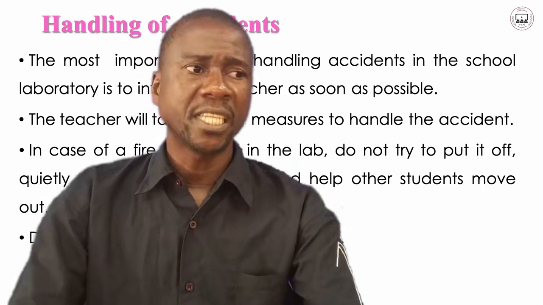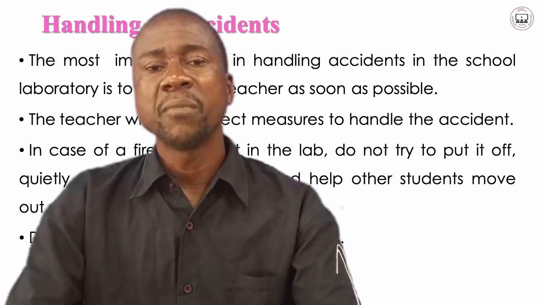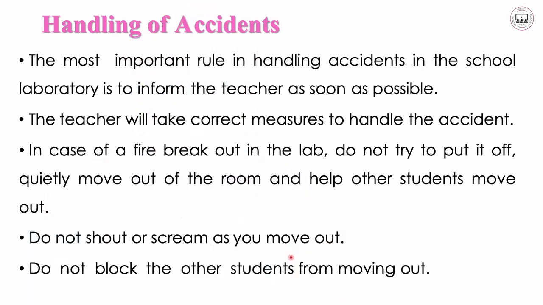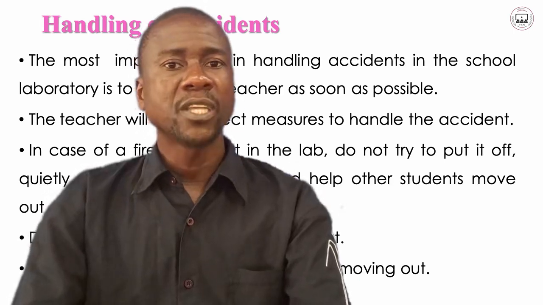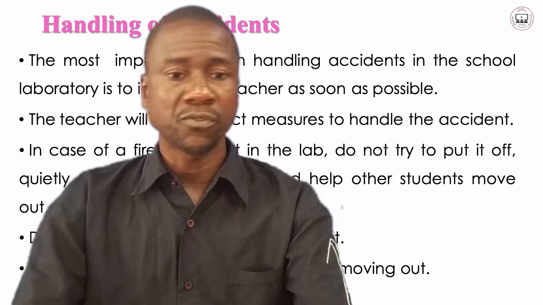You might frighten other students. As a result, they might be shocked, or else they might be confused by the shout. Do not block other students from moving out, so that everybody moves out to avoid the accident causing a lot of damage.